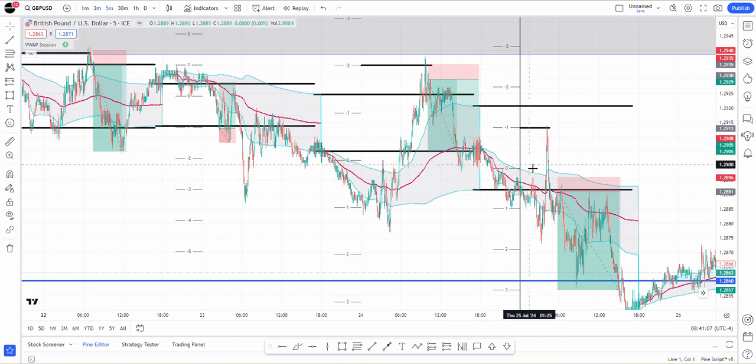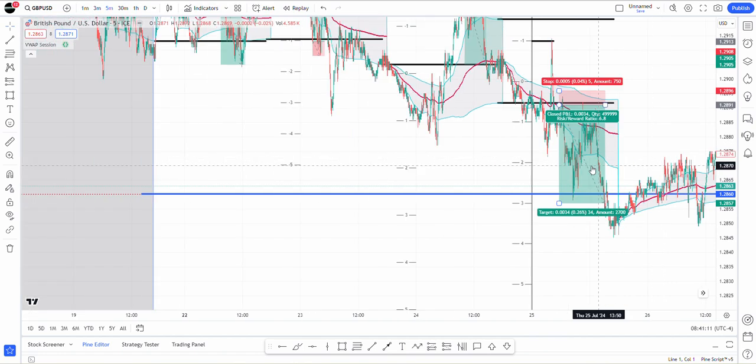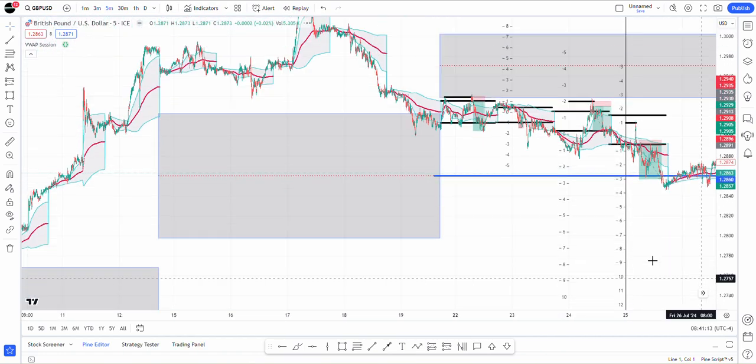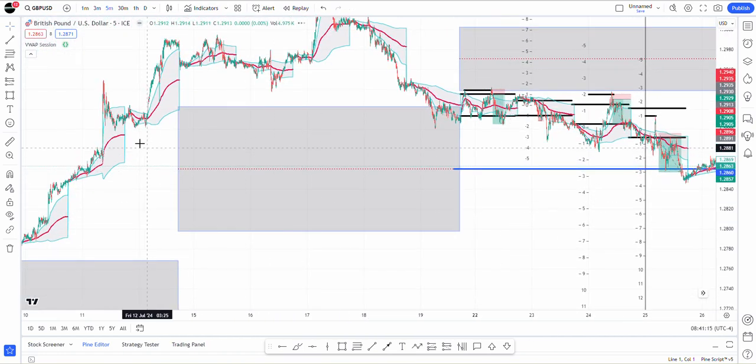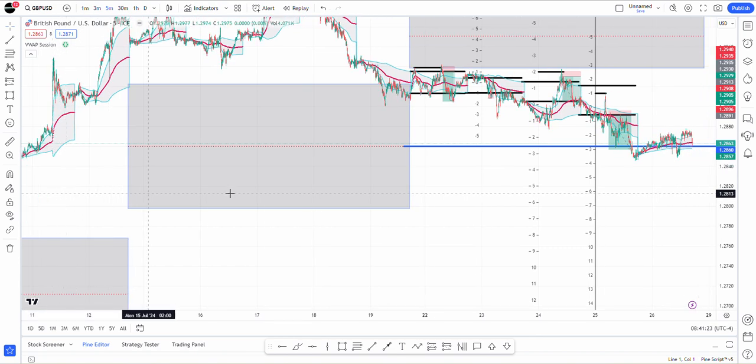Basically, if it's inside this range, you want to target the extremes. If you're taking trades outside the range, you want to target the previous point of control. So that one is traded through. The next point of control will be down here. So this could even be the target. 813. Didn't get there yet, but could continue going lower in the coming week.